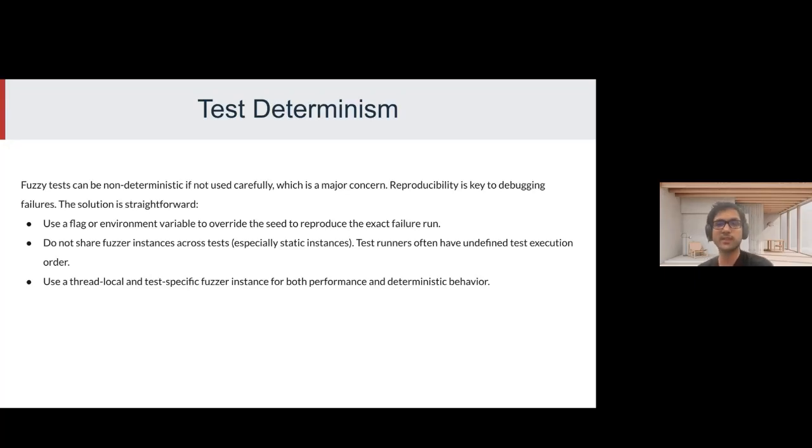We don't really need to make sure that always the same data is used. If your code under test doesn't rely on these random fields or the randomness, then the test results will still be deterministic. Typically, we configure flags or environment variables to make sure that we can override the random seed chosen in order to reproduce a failed run.